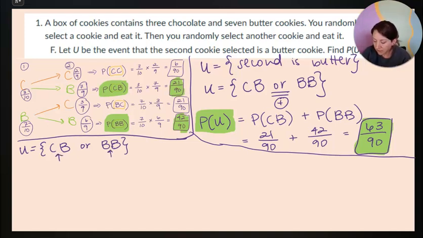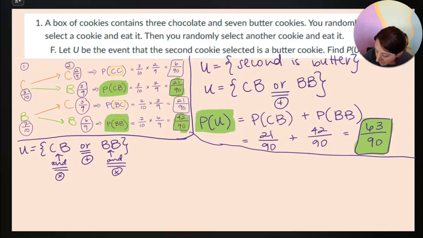So there's an understood "and" between these two, because we're saying we have a chocolate on the first and a butter on the second. And that second one is saying that we have a butter on the first and a butter on the second. The "or" means addition, and "and" means multiplication.